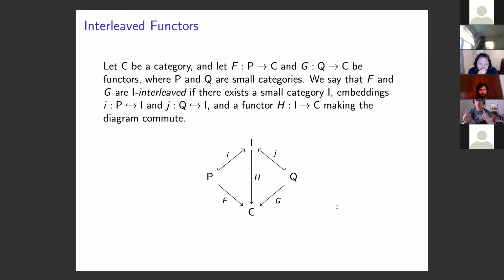Okay, where I isn't any old category, but you want to have these embeddings of your small categories P and Q in I. So it might be something as simple as just the coproduct of P and Q, in which case an I interleaving wouldn't be very interesting. Everything is I interleaved for that embedding. Okay, but if you look at all possible interleavings, then you start getting somewhere.